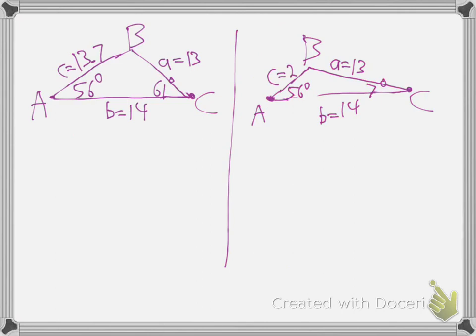There. See how those two triangles have some parts that are the same, some parts that are different. These guys match, and these guys match in both triangles. They both have the bottom side the same, the left angle the same, and the top is 13 in both cases. But there's two different ways to complete that triangle with that information. Do you see that?